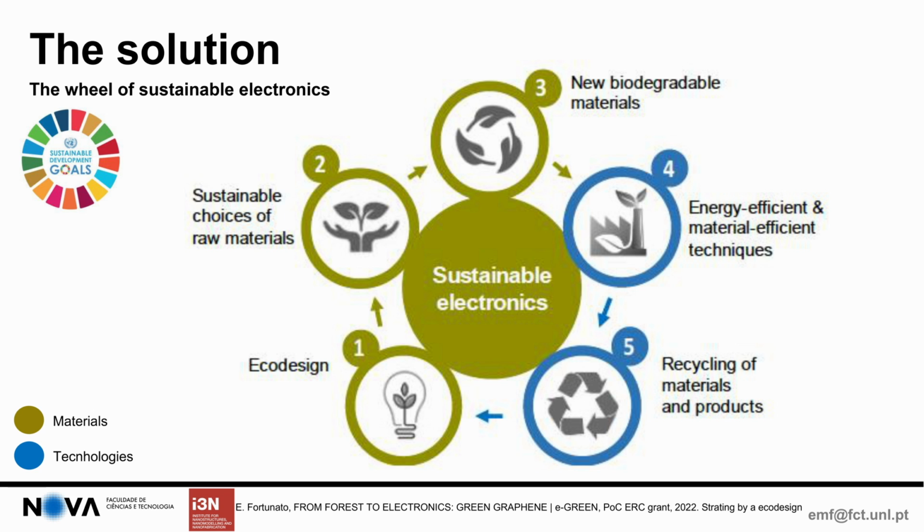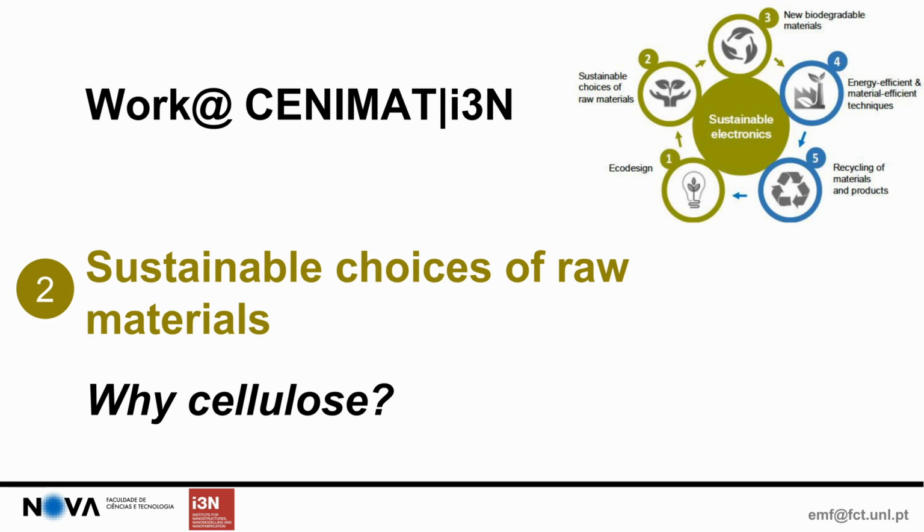And after that, since we need to process the materials, we also need to choose sustainable technologies. And at the end, the products that we develop must be recyclable. So we need to follow this wheel for sustainable electronics.